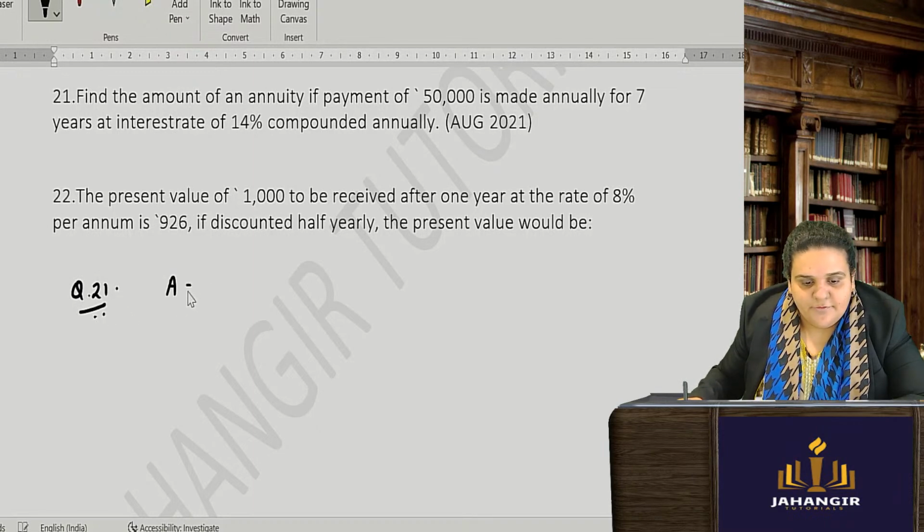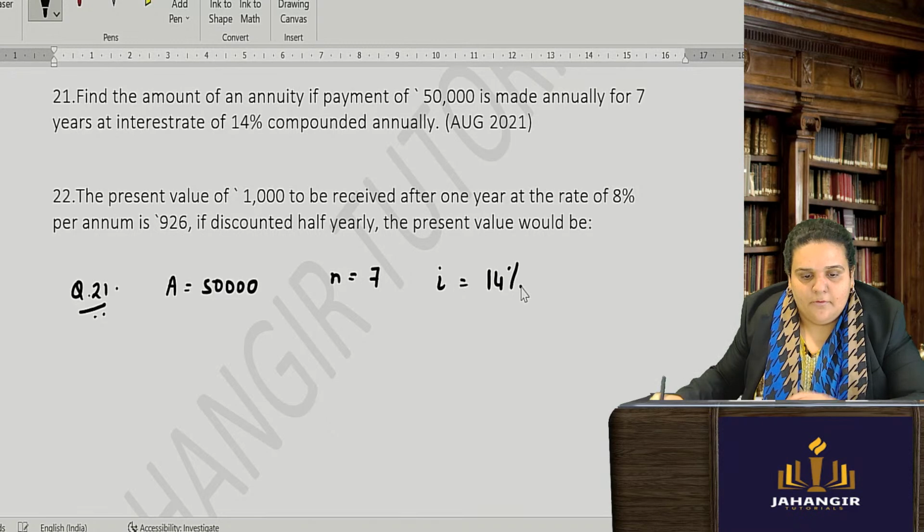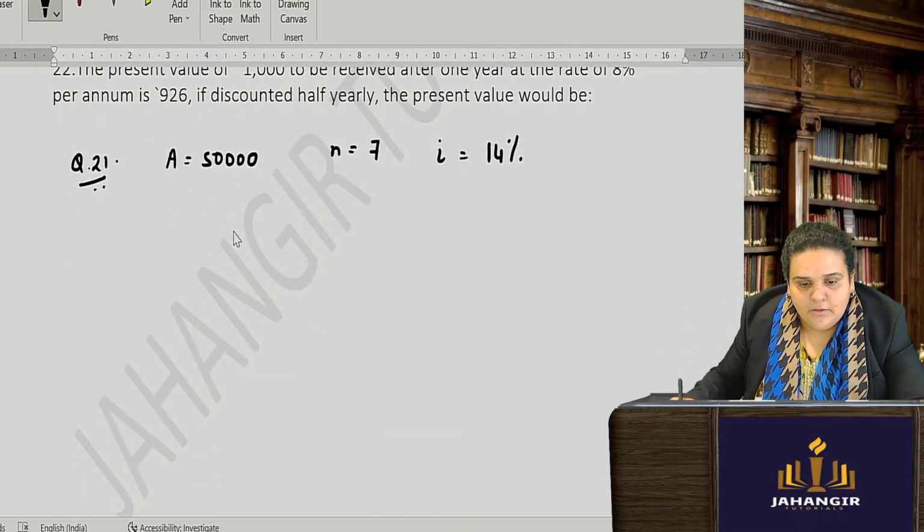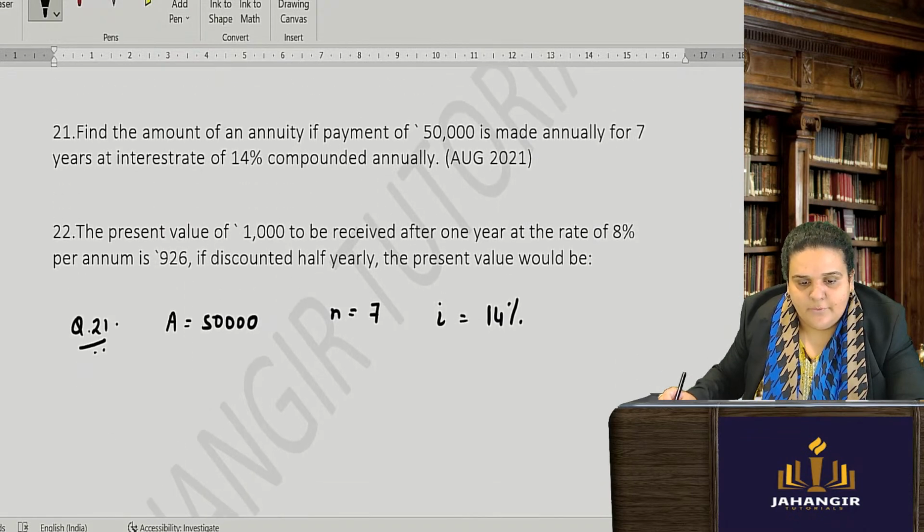So amount is 50,000. Then we have N is equal to 7 and I is equal to 14%. Find the amount of annuity if payment is made 50,000.